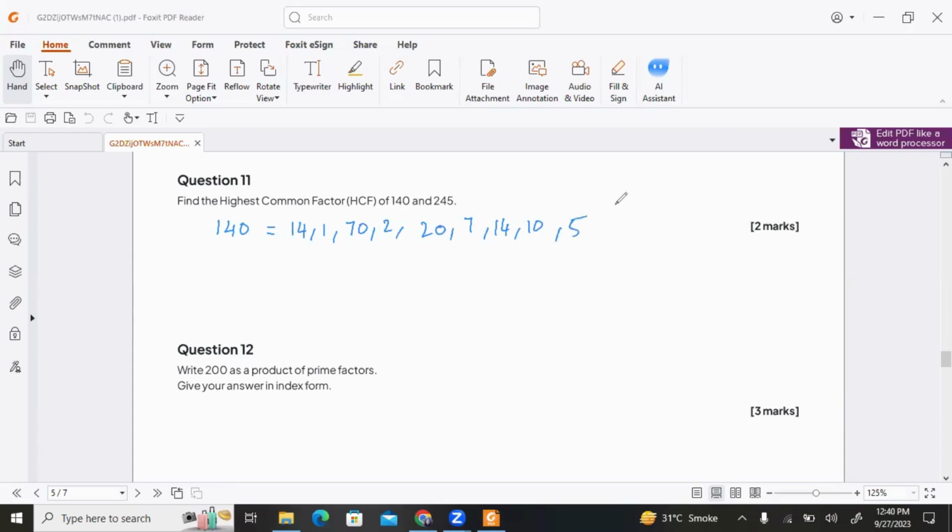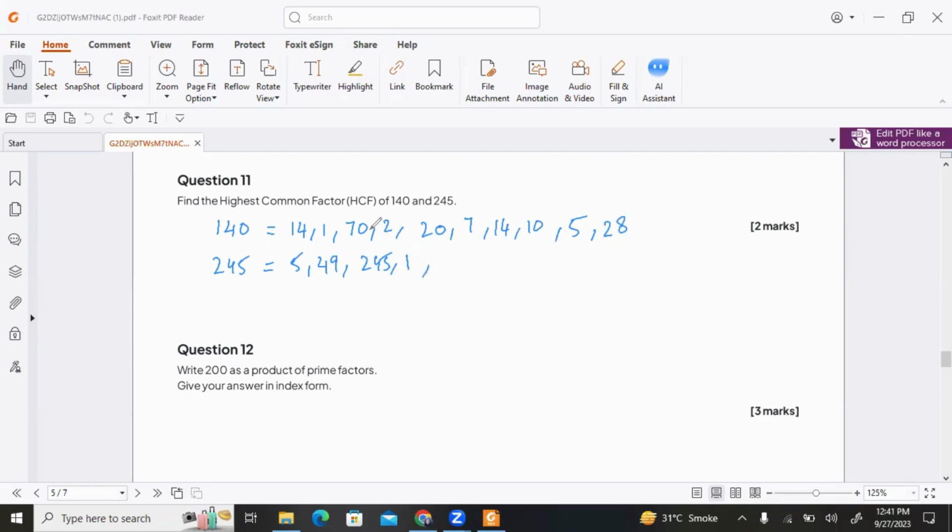So 5 and 28. And for 245, now this is going to be divisible by 5. So 245 divided by 5 is going to be 5 and 49. Then I'm going to do 245 and 1.